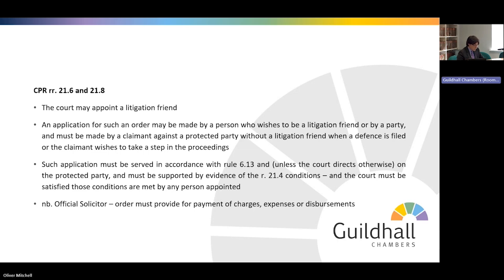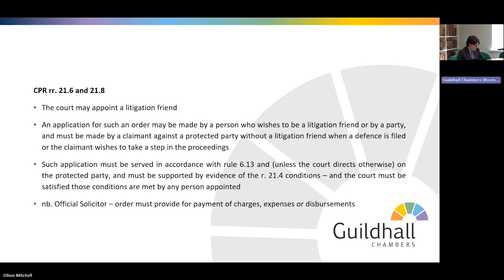Thought should also probably be given to whether the other party to the litigation should be served with a copy of that application in a particular case, even though a provision isn't actually made for it. Such application must also be supported by evidence of the Rule 21.4 conditions being satisfied, and the court must be satisfied that those conditions are met by any person that it then appoints to be the litigation friend.